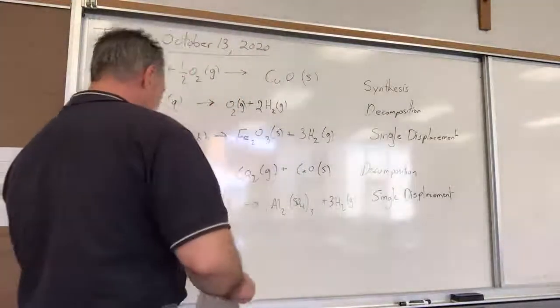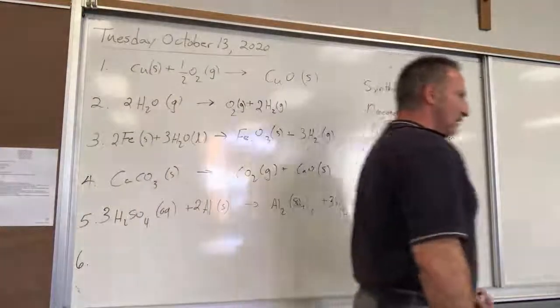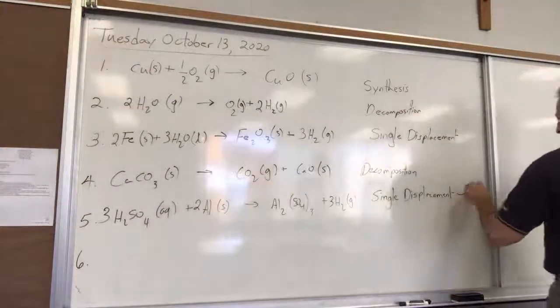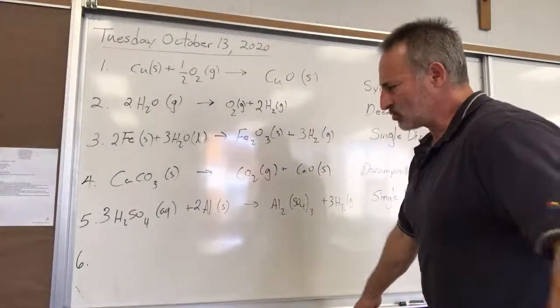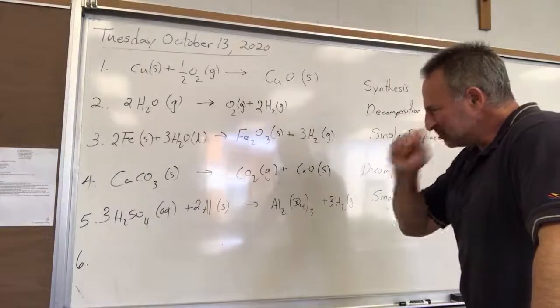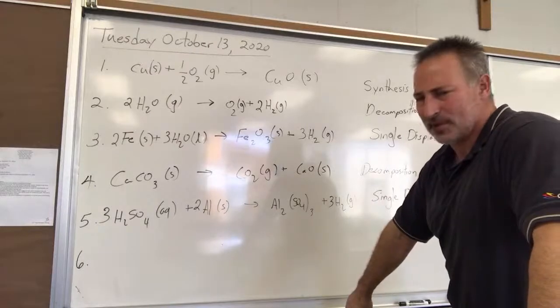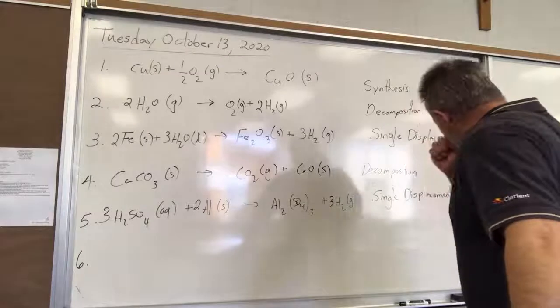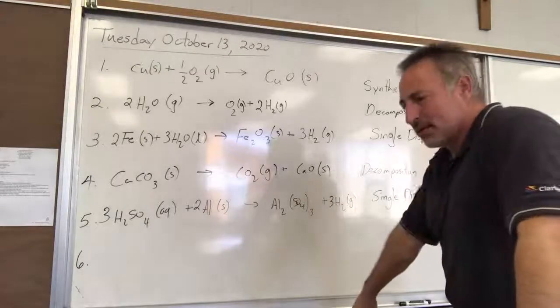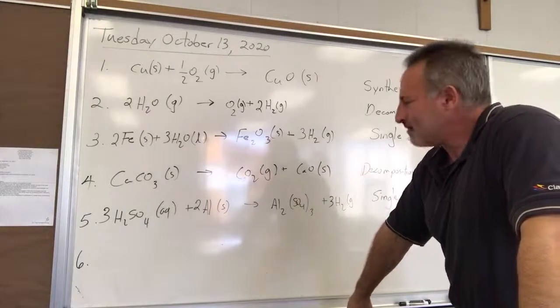For single displacement reactions, there's a way of checking to see whether the reaction will happen, because it can sometimes happen that certain metals will not react under the conditions that you impose on them. And one way of predicting that is, excuse me, it's not COVID, it's my seasonal allergies again.